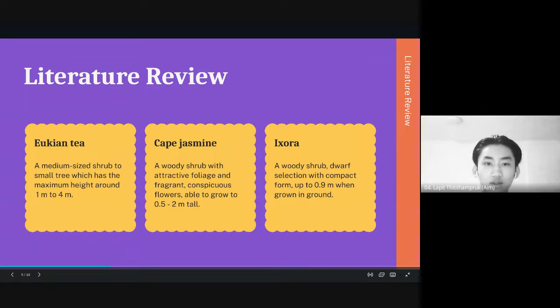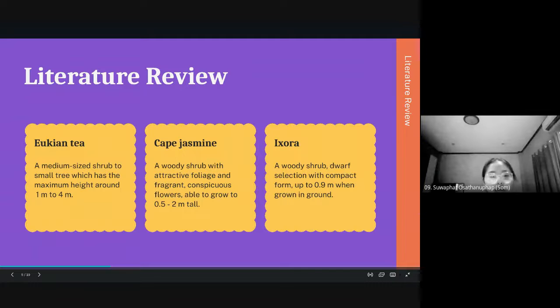It's a woody shrub with attractive foliage and fragrant, conspicuous flowers, which is able to grow to 0.5 to 2 meters tall. The last one is Ixora, a woody dwarf shrub selection with compact form, up to 0.9 meters when grown in the ground.